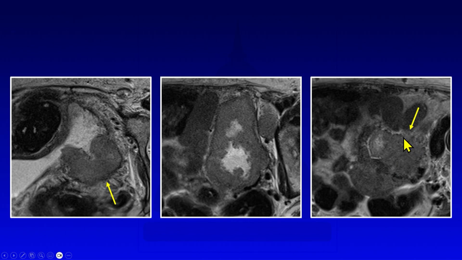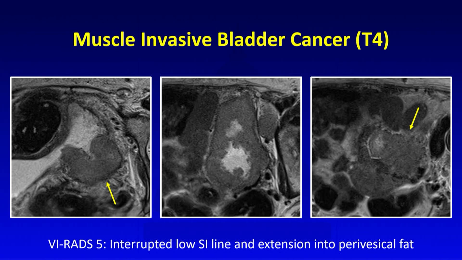So we know that this is going to be a high stage, and also already coming in with lymphadenopathy. So not only is it muscle invasive, there's already lymph node metastases. So again, this would fall into that VI-RADS 5 category, and this was again confirmed muscle invasive bladder cancer.